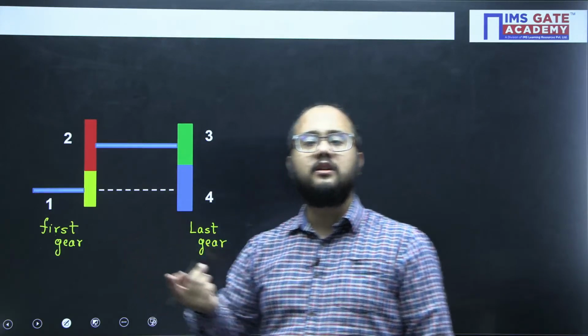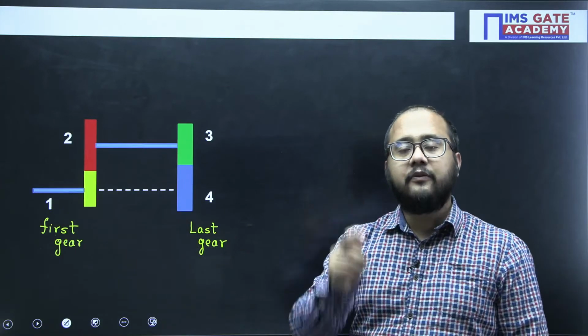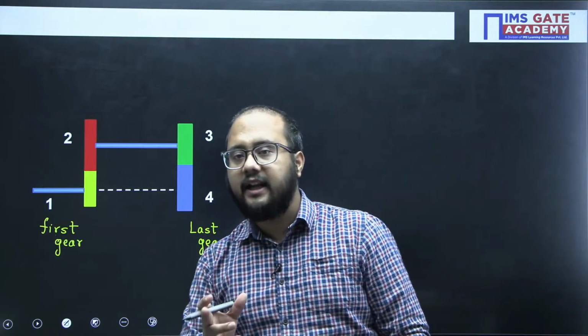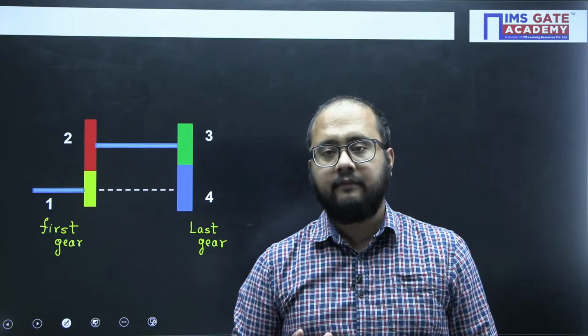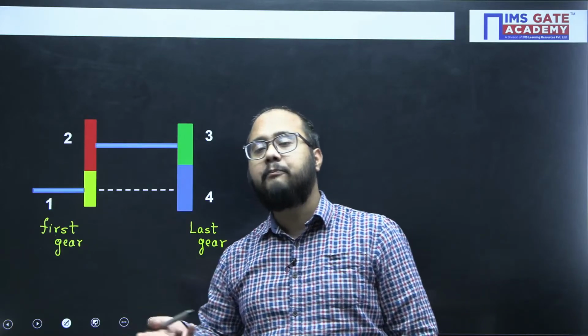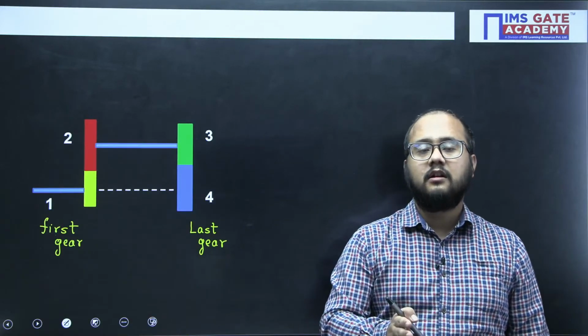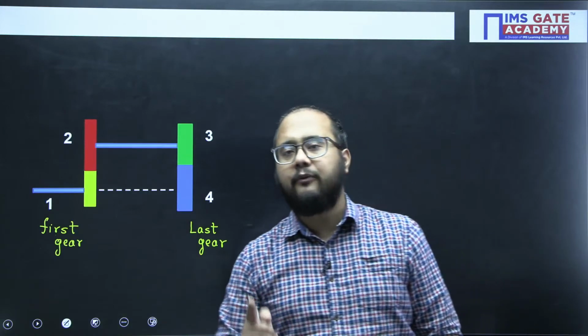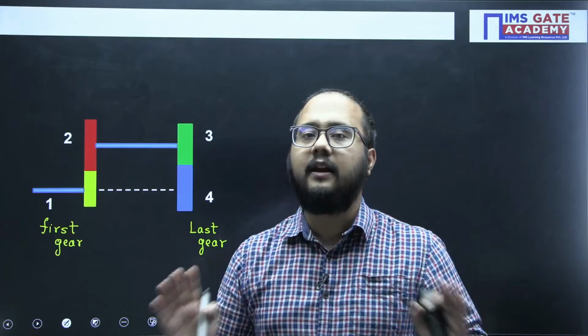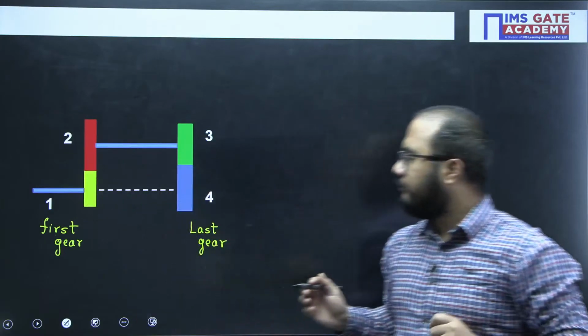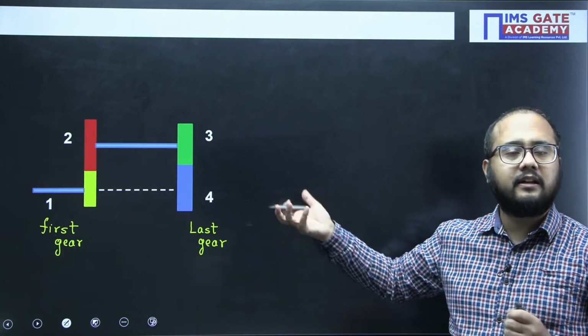Whenever a shaft carries more than one gear, we already discussed that it is called a compound gear. If each shaft carries only one gear, then the gear train is known as a simple gear train, right?